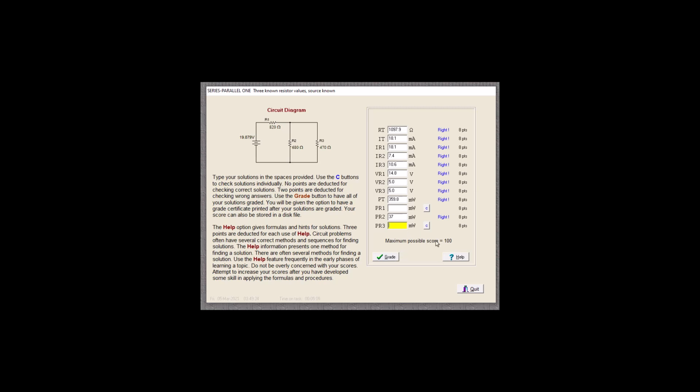That does not sound right at all. So let's try again. So we have 5 volts times our IR3 would be 10.6 E minus 3, 53. Let's try 53, and looks like 0.